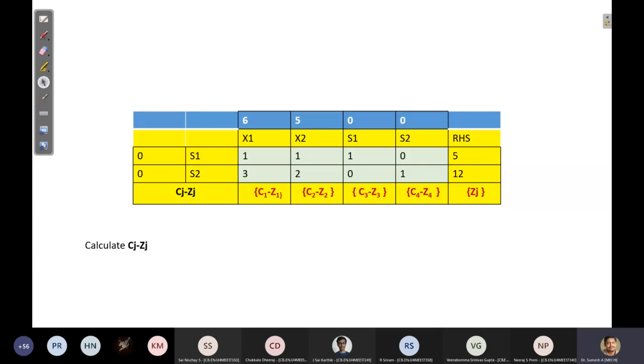If I am calculating Zj minus Cj, you have to take the negative with the largest value. The largest coefficient that comes with a negative sign is what you have to choose, not simply the largest one. Are you solving with me? Yes, sir. So you can calculate it.